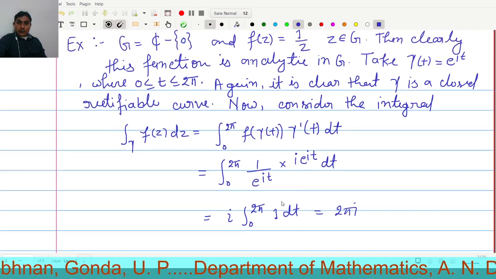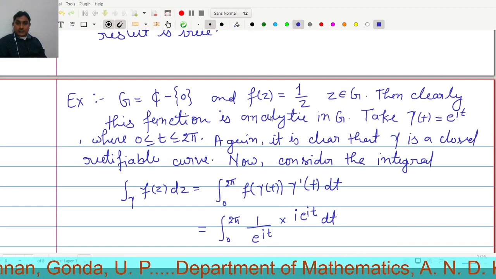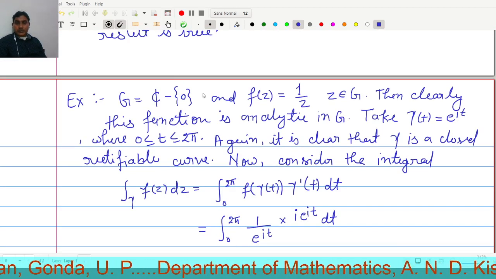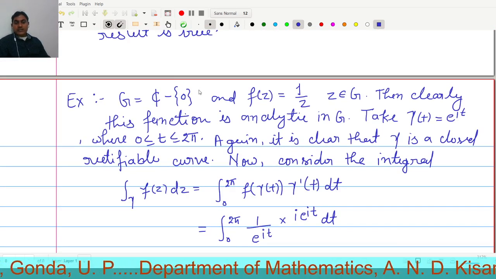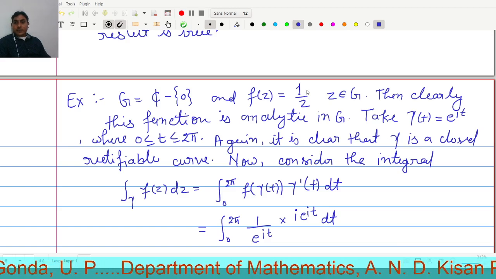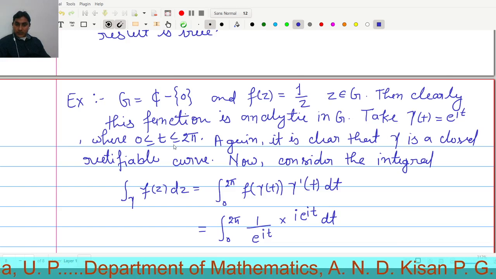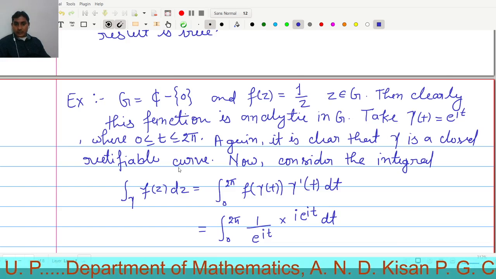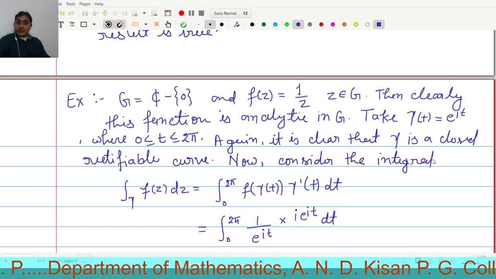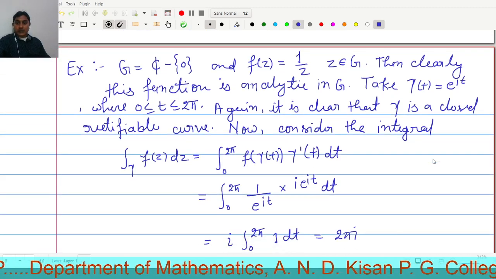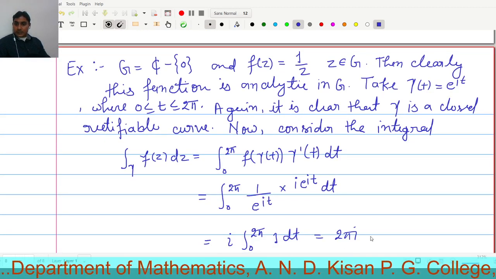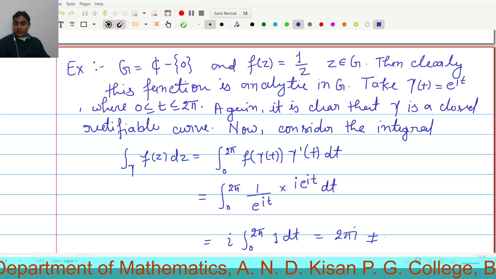So now one can observe that in this particular region, 1 over z is analytic and gamma is a closed rectifiable curve, but the integral is non-zero. It is obvious that this is not equal to 0.